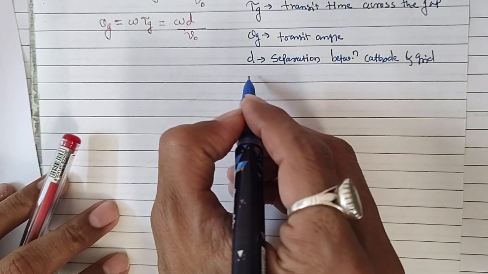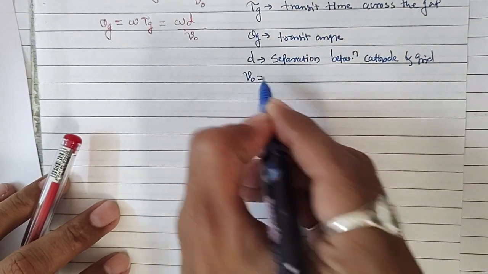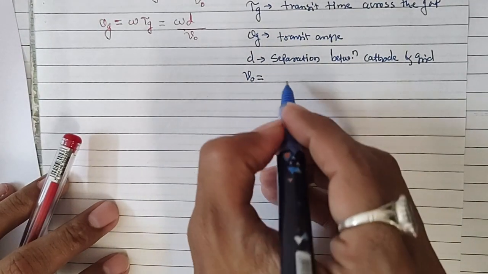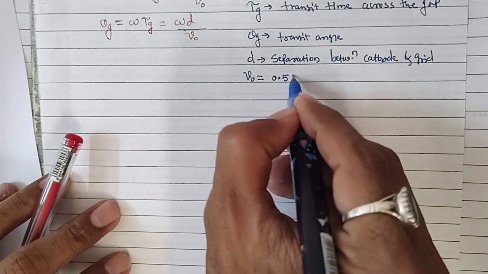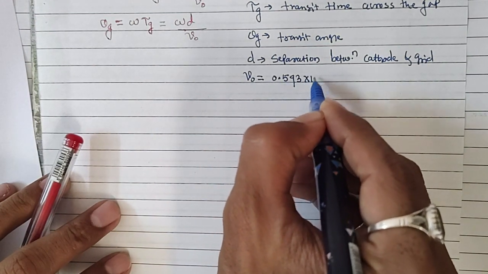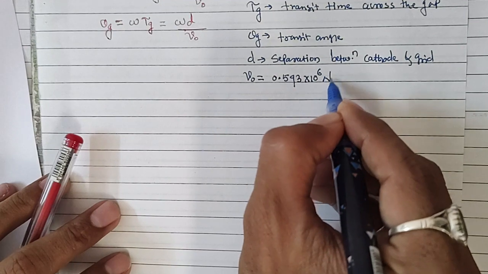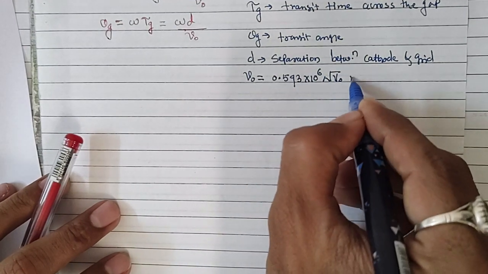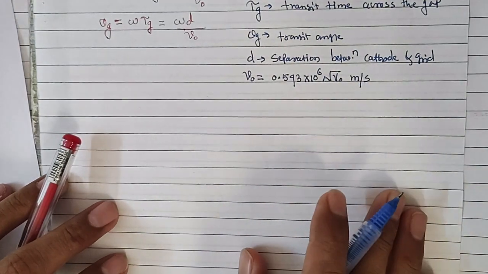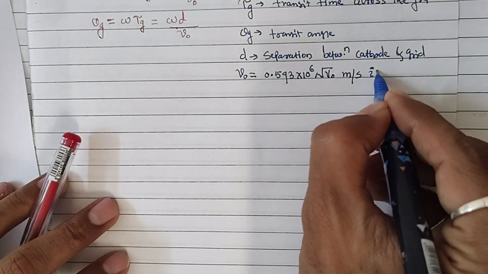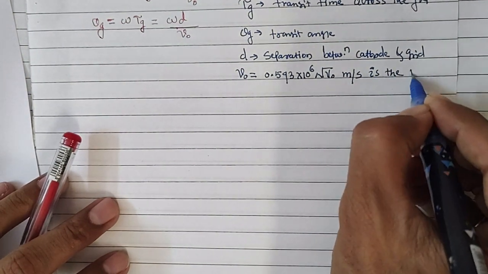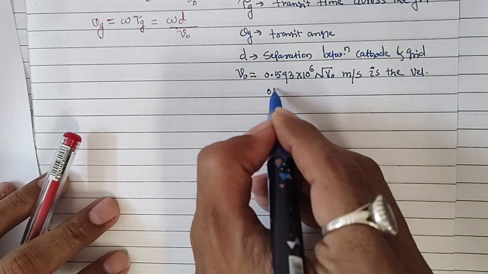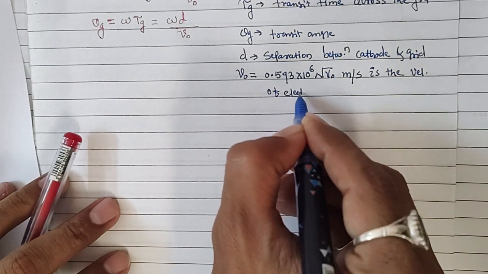And v0 is actually 0.593 times 10 to the power 6 times root V0 meter per second, the velocity of electrons.